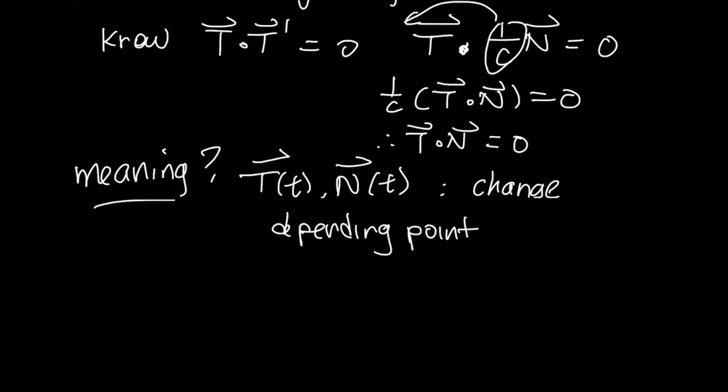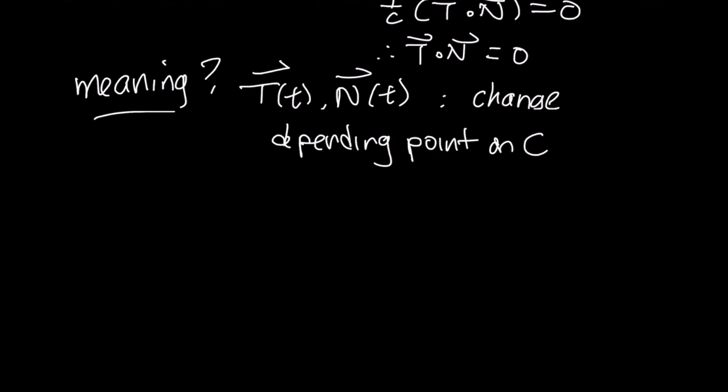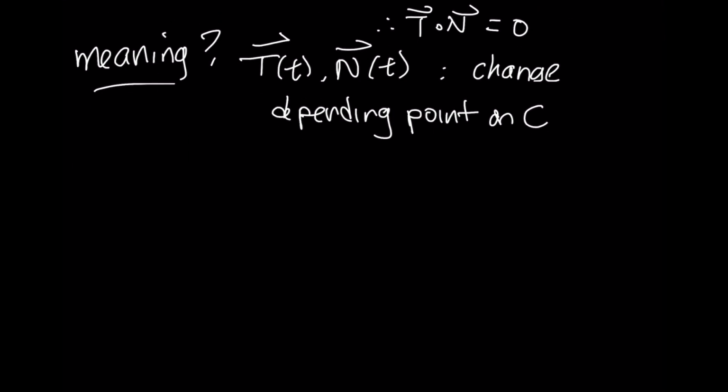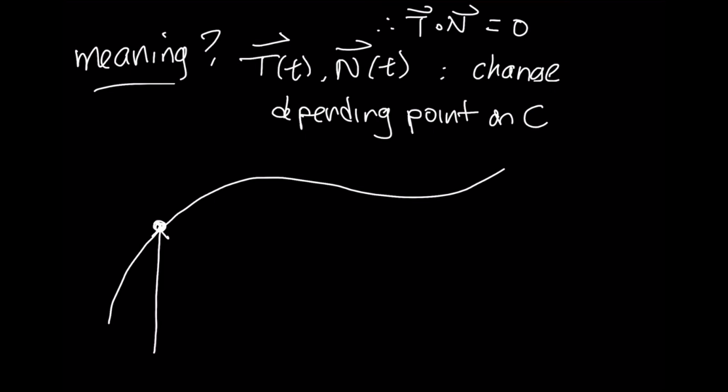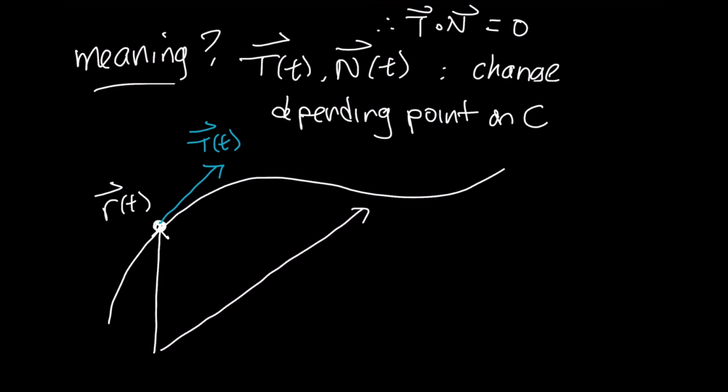And I'm going to draw a curve again here just to try to illustrate to you what's happening. As before, if we have a point on the curve, so there's r of t, the unit tangent vector is tangent to the curve. It can change its direction. So for example, if I were to pick a different location on the curve, the tangent vector points in a different direction.